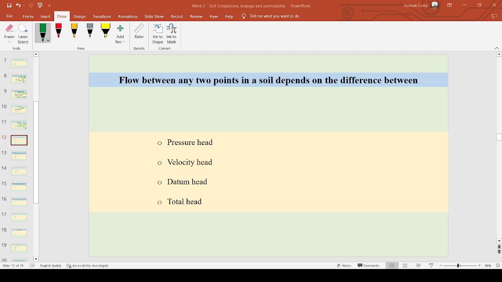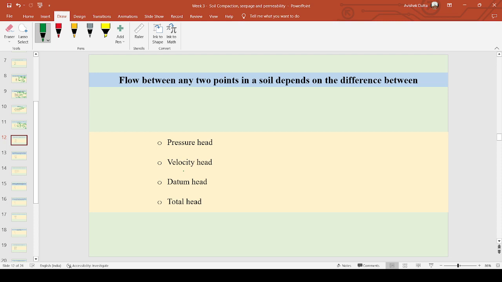Total head or pressure head? Flow between 2 points. If somebody is saying pressure head, then what about the velocity head and datum head?